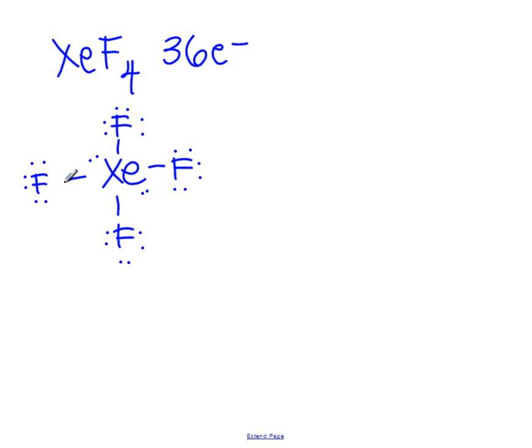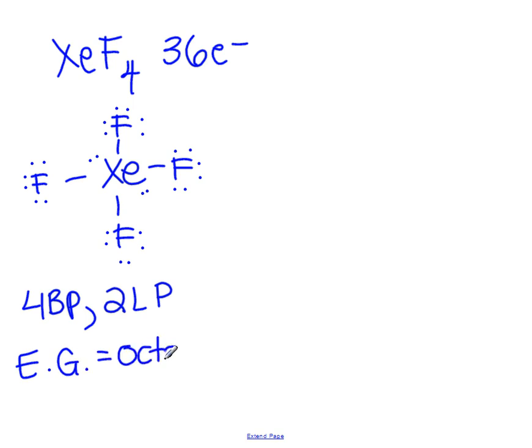Now I count my groups. I have 1, 2, 3, 4, 4 bonded pairs, and I have 1, 2, 2 lone pairs. 4 plus 2 means 6. I have 6 electron groups around the center, so my electron group family that it belongs to is octahedral.